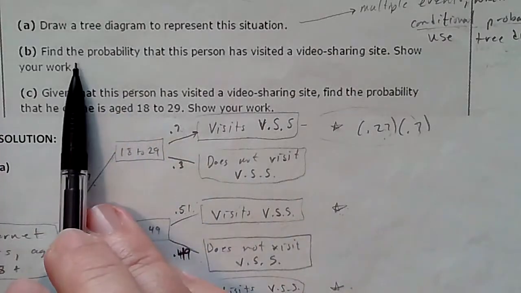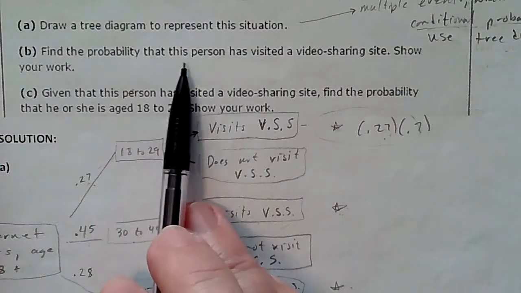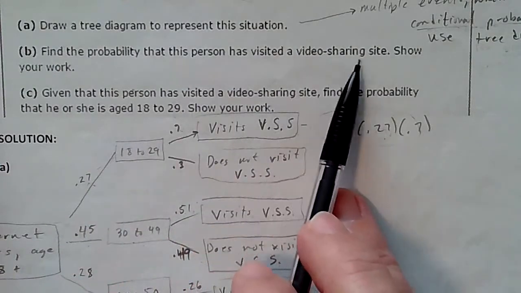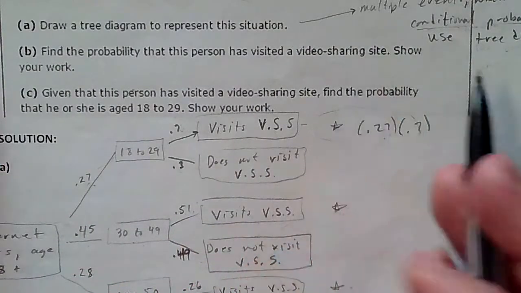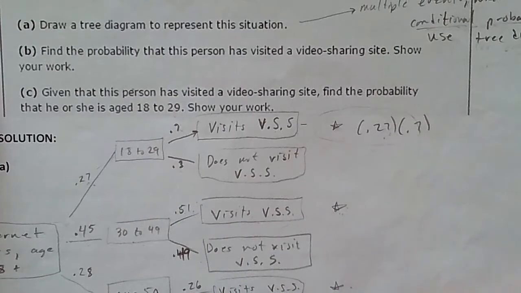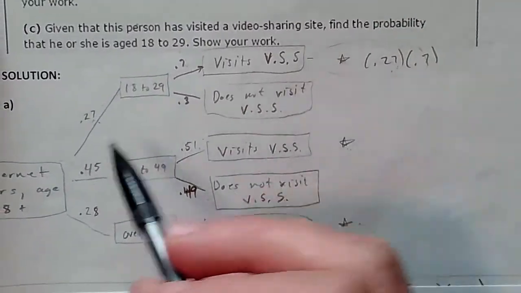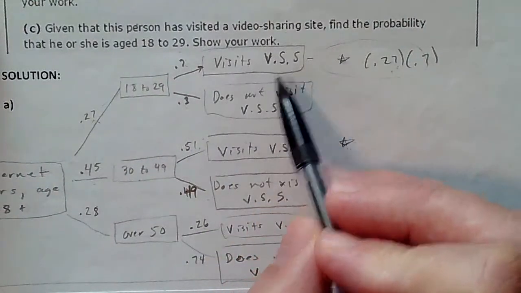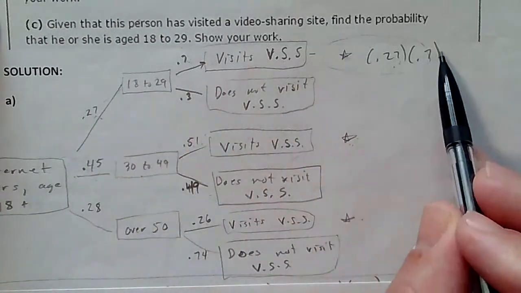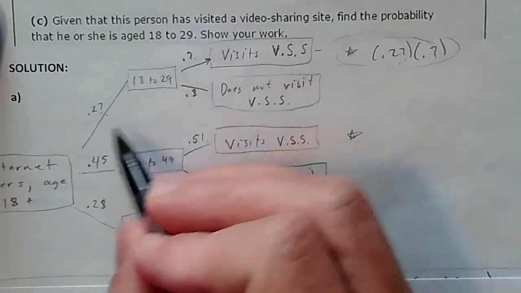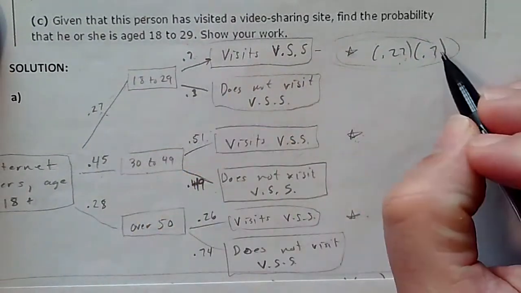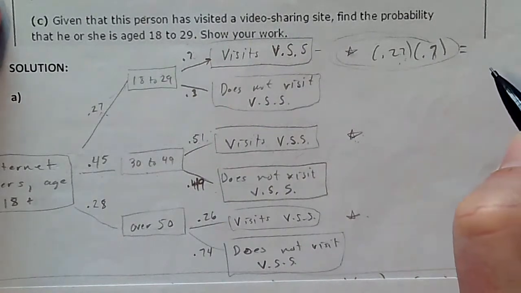All right, here we go. Part B. Find the probability that this person has visited a video sharing site. So that's why we did all this work. It's going to help us figure this out. The people that visited a video sharing site are these strands. This number here, how do I get it? 0.27 times 0.7. Do the math.